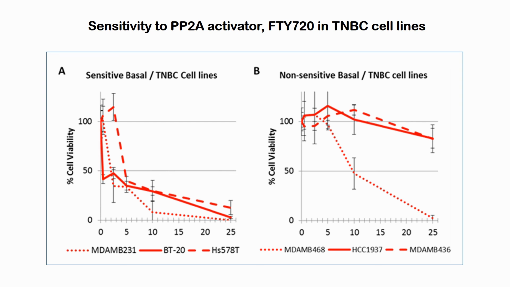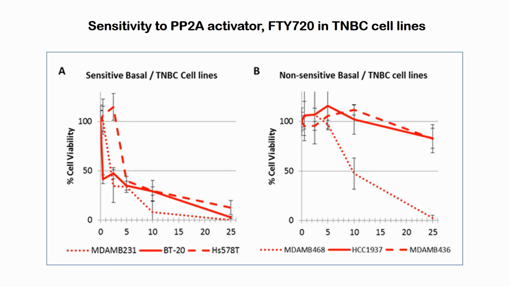You can appreciate that these three cell lines in figure A reach the IC50 at very low dosages of FTY720, two of which even less than 1 micromolar, whilst the TNBC cell lines in figure B are not sensitive to FTY720, with one of the cell lines reaching an IC50 at 10 micromolar FTY720.